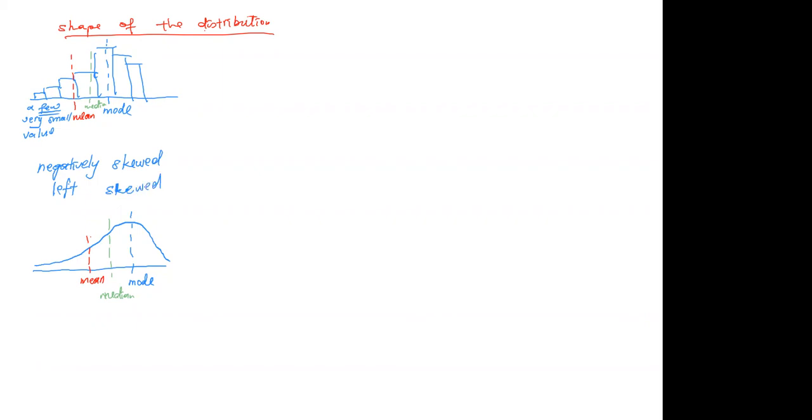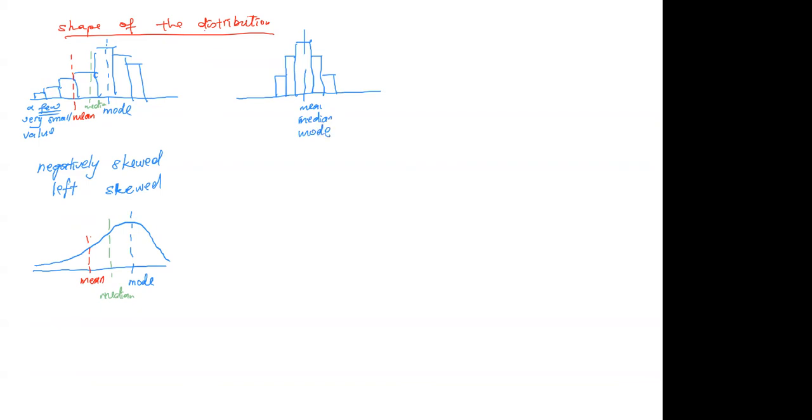Okay, left skew. But if I have equal number to the left of the mean and to the right of the mean, this is my mean. I have equal number to the left and also to the right. So that means this is also the median and this is also the mode.